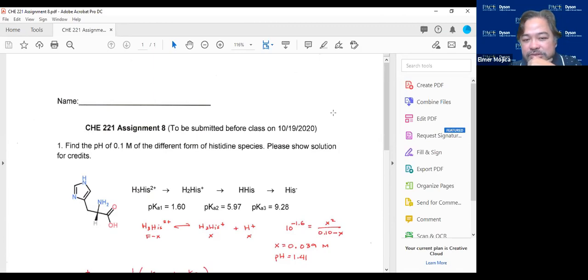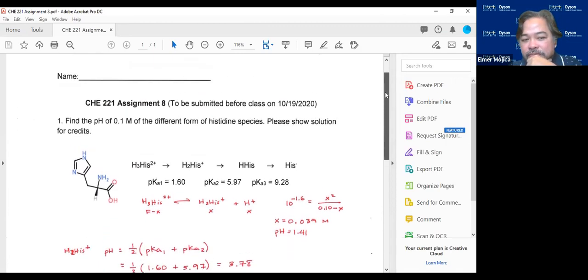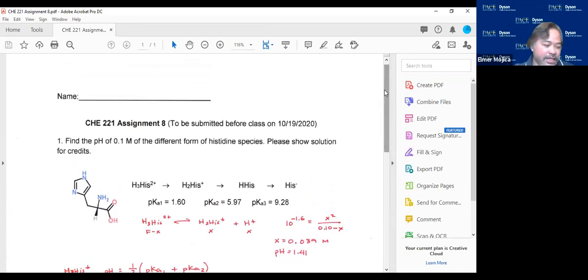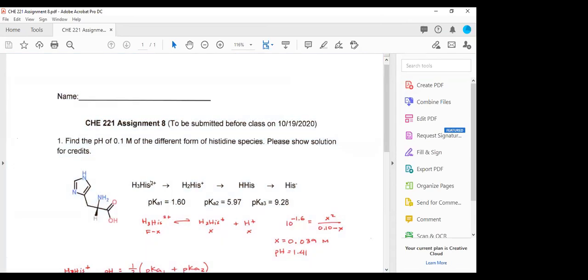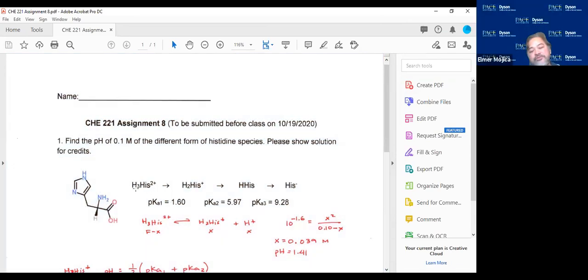The way you're going to do this is, the first one will act as a weak acid. Once you have the weak acid, you can get the concentration of the H+ that corresponds to that, and the pH corresponding to the H+ concentration.